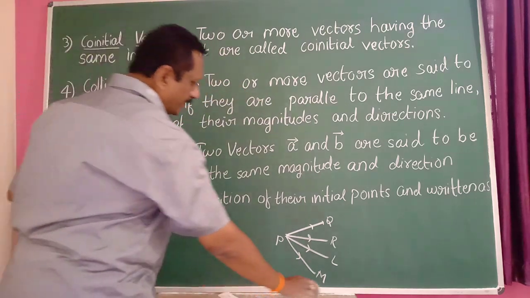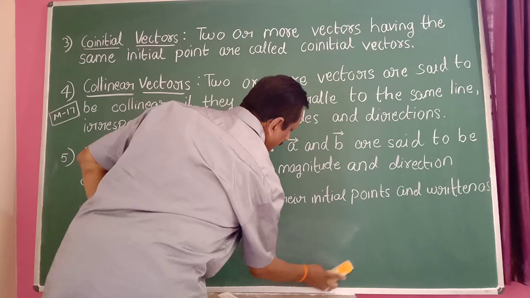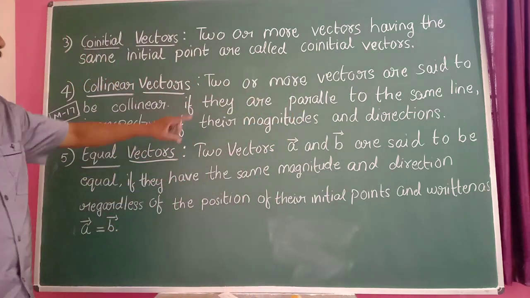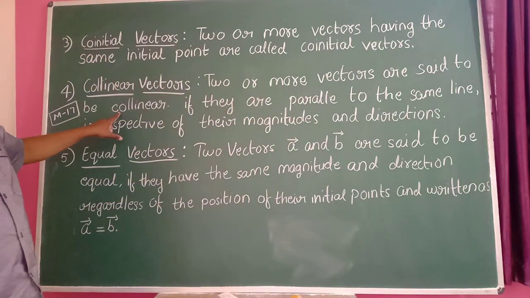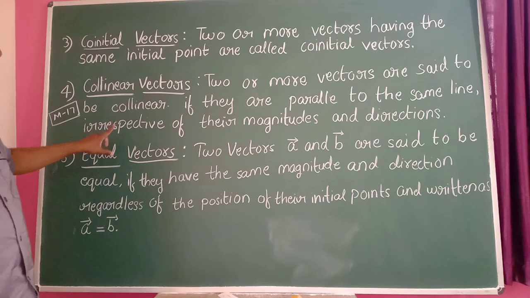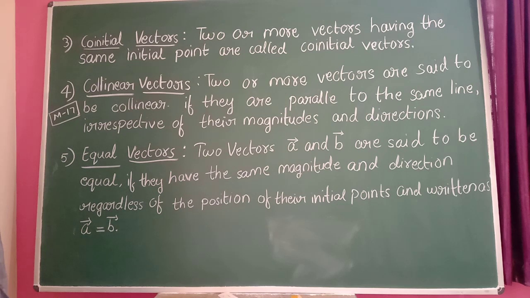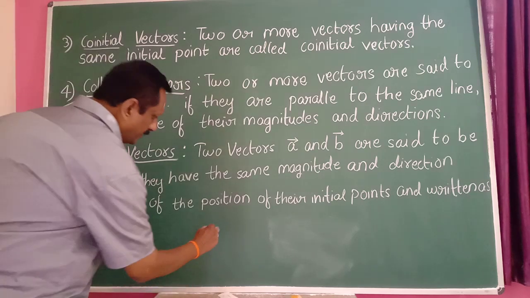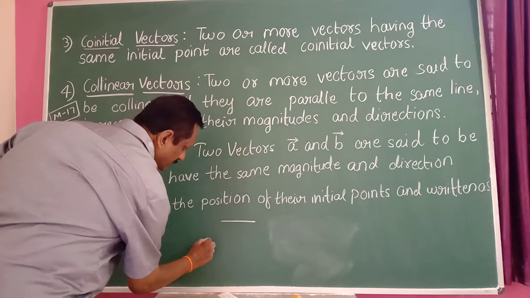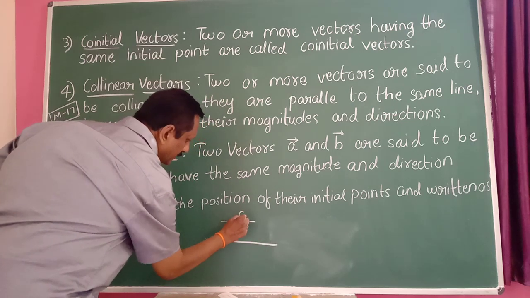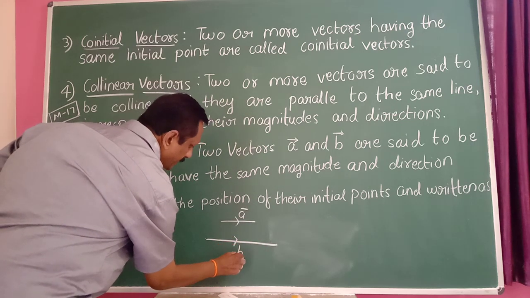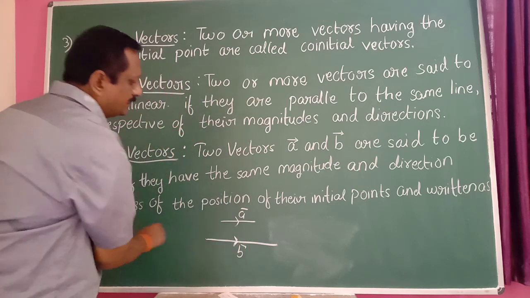Next, collinear vectors. Two or more vectors are said to be collinear if they are parallel to the same line, irrespective of their magnitudes and direction. In March 2017, they asked the definition of collinear vectors. So if this is one vector and this is one more vector, they are parallel to each other. A bar and B bar, two vectors, are parallel to each other.